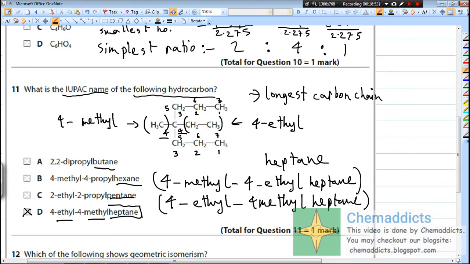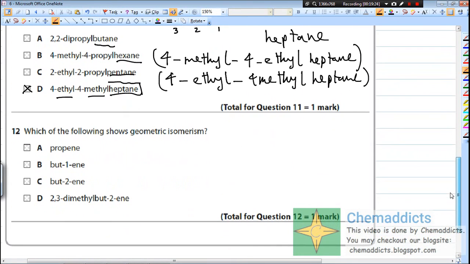Suppose these three names contain heptane, in that case we need to analyze more deeply in order to find the actual name. Now I hope that you have understood the question as well as the solution. If you still have any confusion, please let me know in the comment section. I am always there to help you out. Now let us move on to the next question.